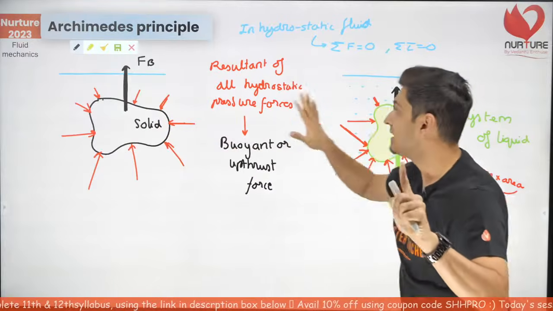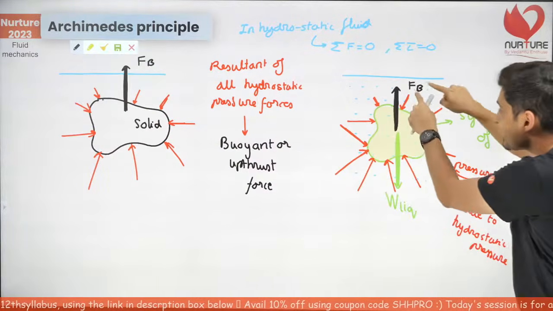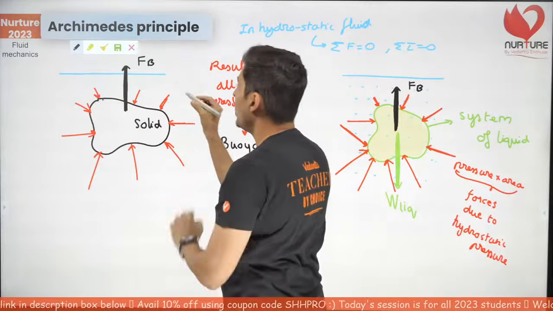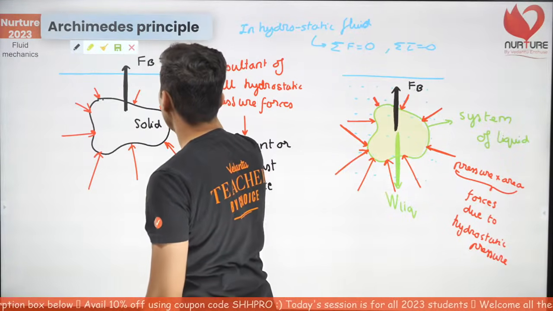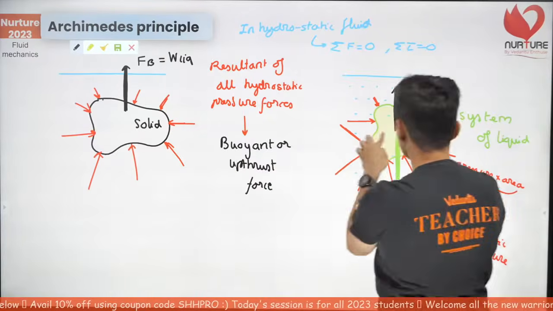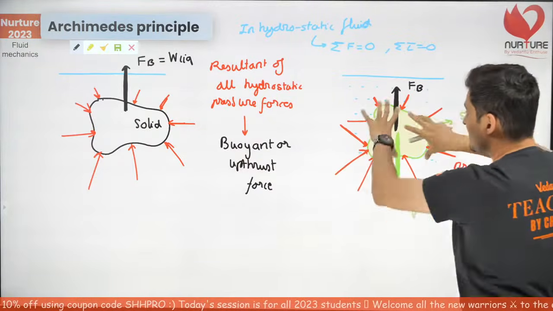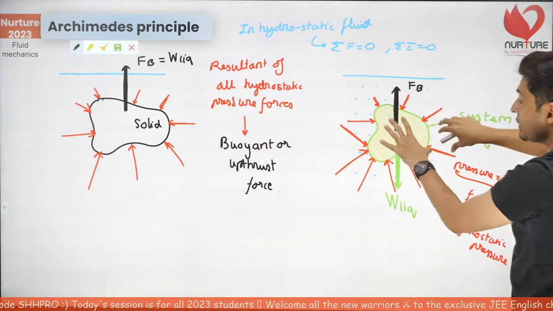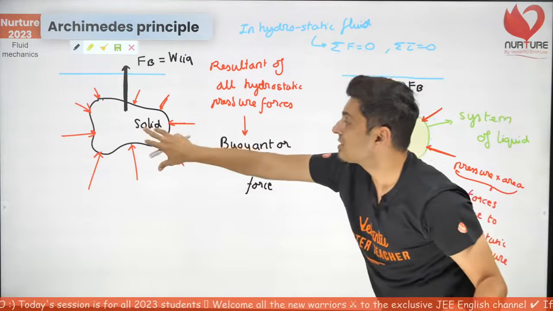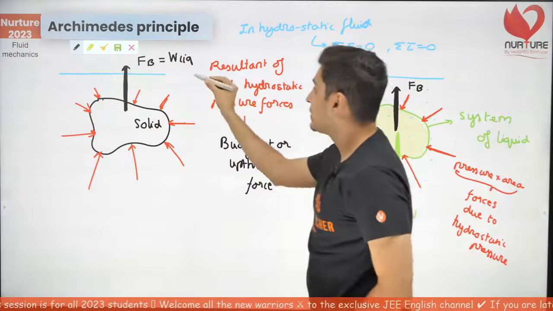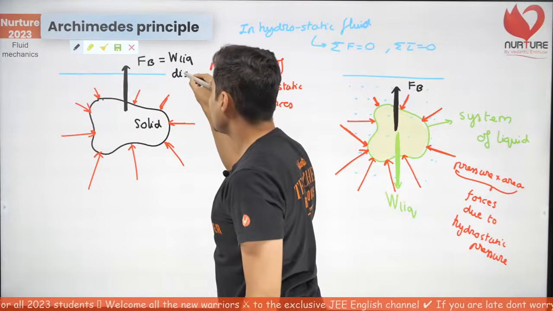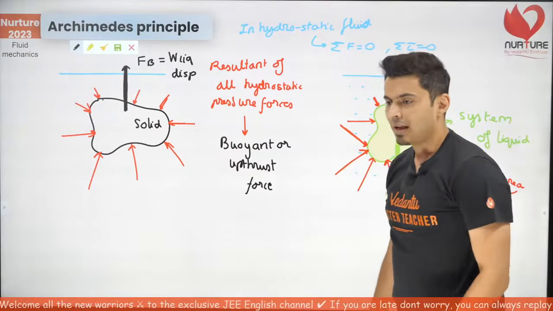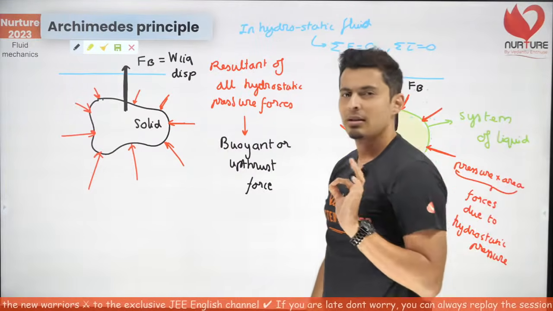Since both the resultants are the same and I know this resultant is equal to the weight of the liquid, hence this buoyant force must be equal to the weight of the liquid. This is the weight of the liquid which has been displaced. You have put the solid and you have replaced the liquid with this solid. So it is exactly equal to the weight of the liquid which has been displaced. I hope this is clear.